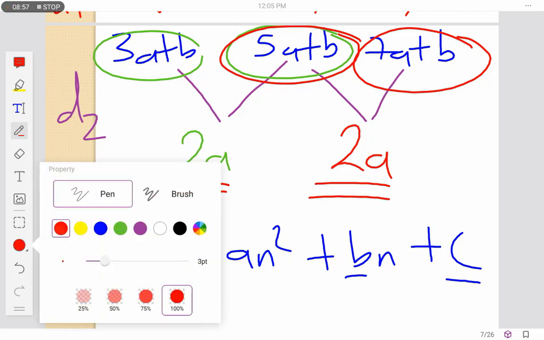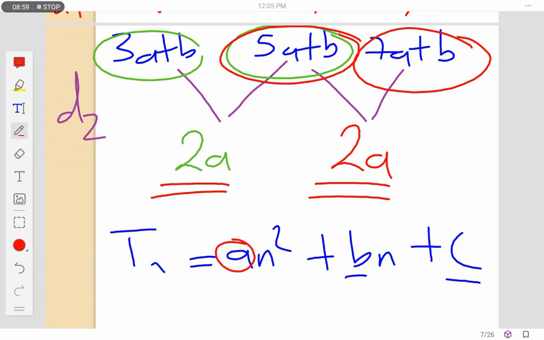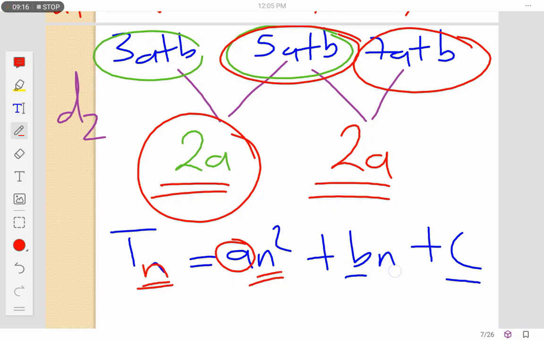This a is a constant term that is equal to half of the second difference. That's the value of a. Then n is the position of the term in the sequence. It can be T1, so it will be 1, or T2, it could be 2.